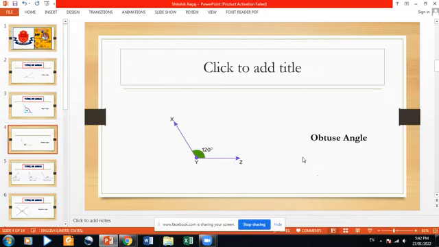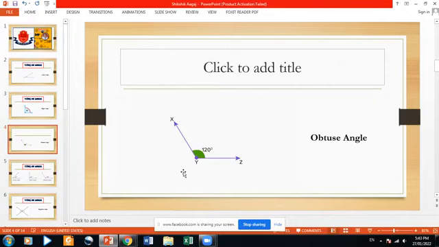The measurement of the angle is between 90 and 180. Such types of angles are known as obtuse angles. And how will we read this angle? Angle XYZ or angle ZYX, both ways are correct.